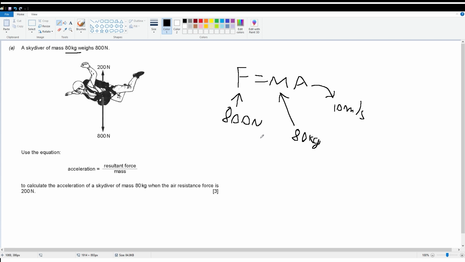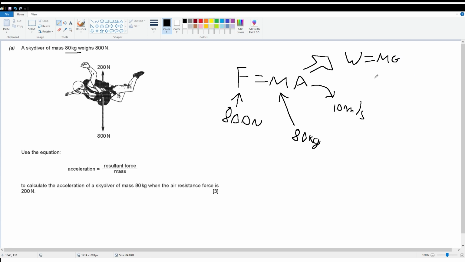So let me just write that down. So acceleration is 10, mass is 80, and then the force, not the resultant force, but the force of gravity, is going to be 800.